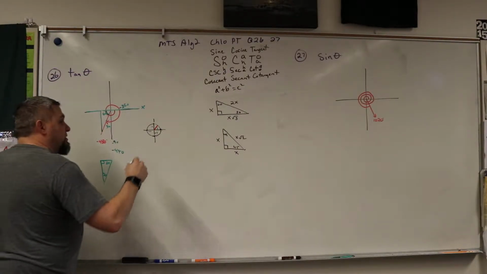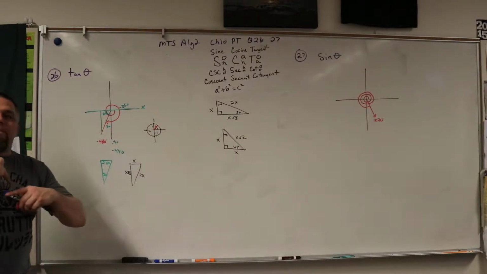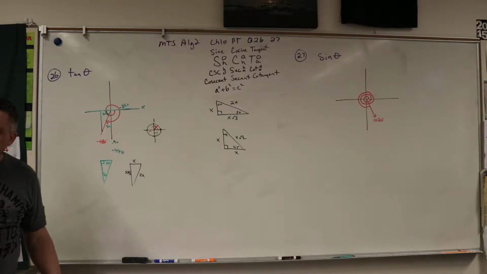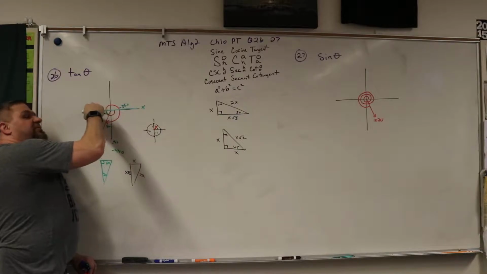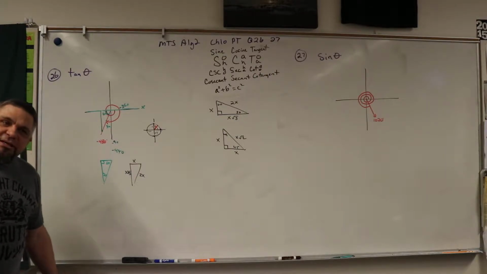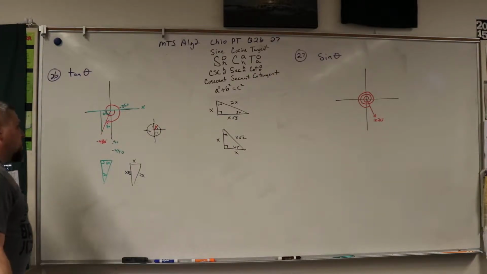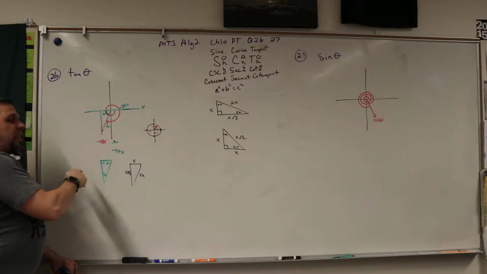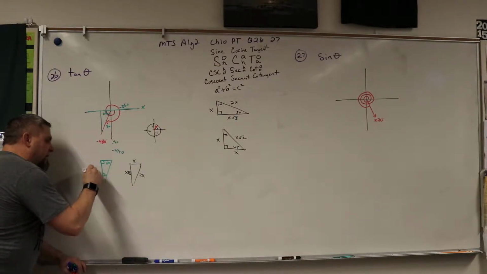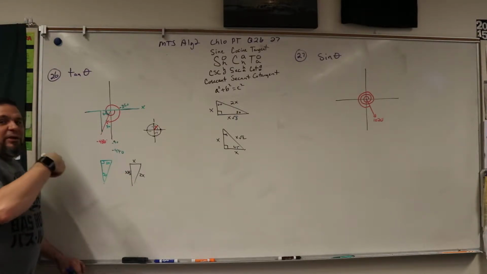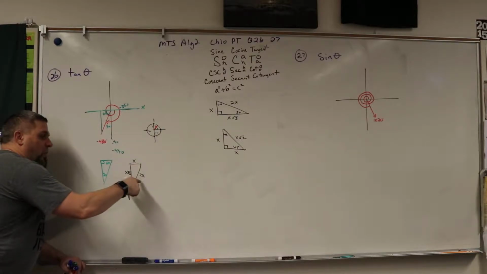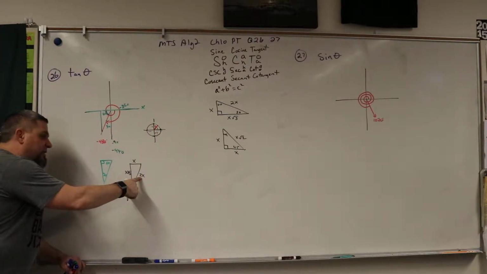So this is also 1. But your hypotenuse is always positive because the diagonal is always a distance. Even though we might go left, which is negative, or down, which is negative, the hypotenuse will always be positive. So right here we're talking about a 60-degree triangle. If this is 1, then this would be a half.